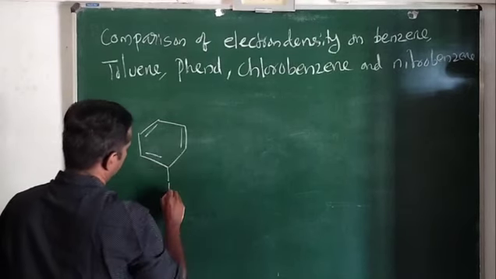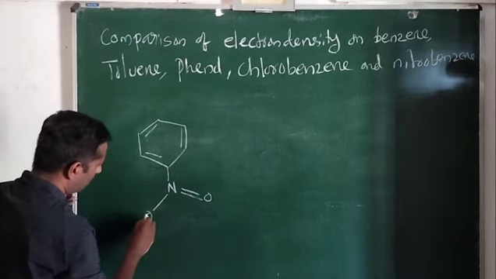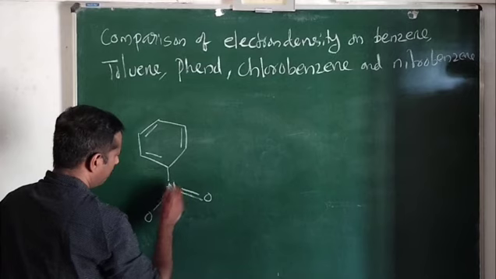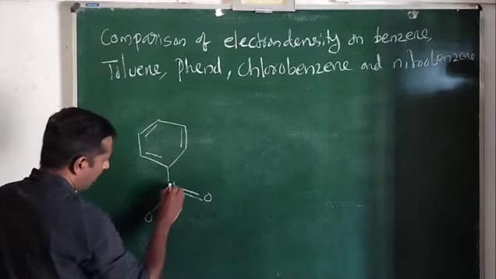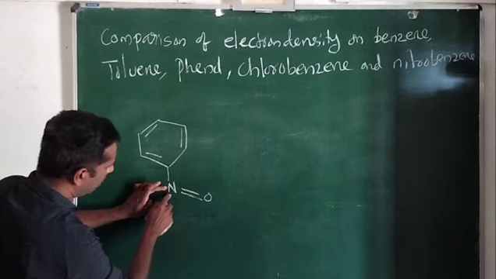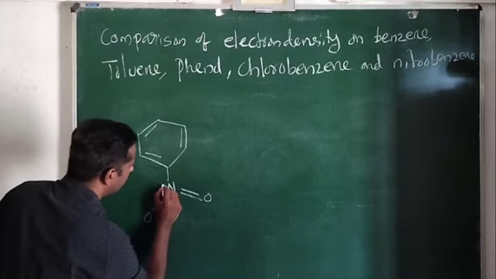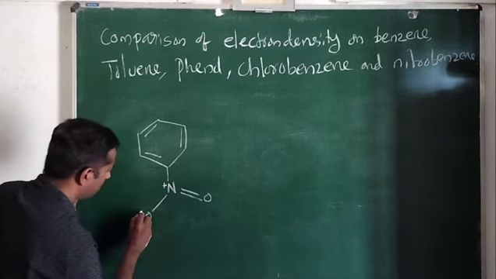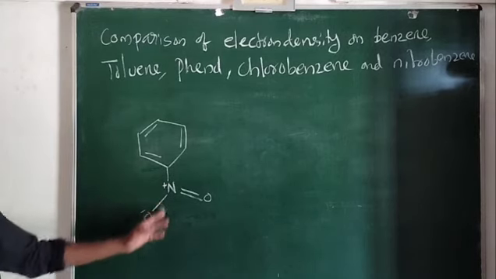N double bond O, and this is O. Nitrogen can make only 3 bonds, but the last bond is made using a lone pair of electrons. That means nitrogen is getting a positive charge and oxygen will have a negative charge. This is the structure of the NO2 group.